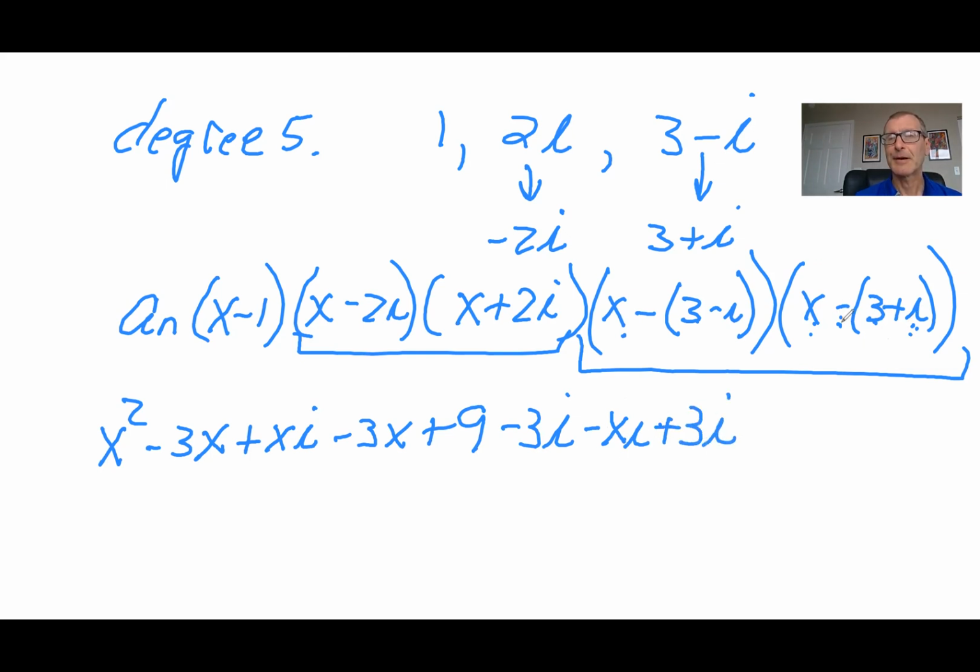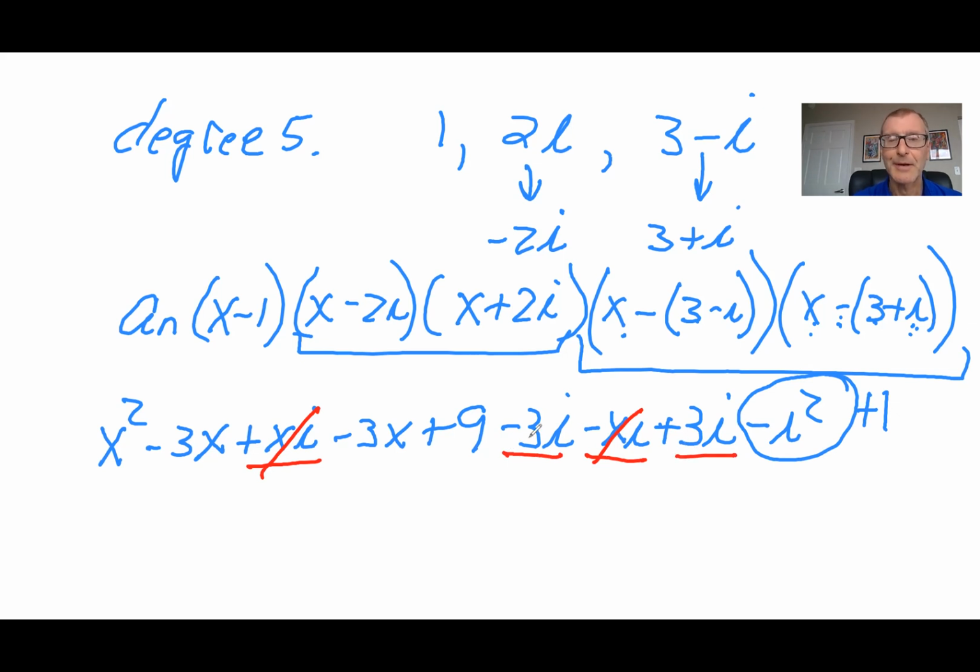And then minus i times plus i is minus i squared. And remember, what does i squared equal? Minus 1. So this would end up being plus 1. So you could see that all the i's better cancel or I did something wrong. So this here would cancel with this one here. So that's good. And then 3i and minus 3i cancel. And so that's good.